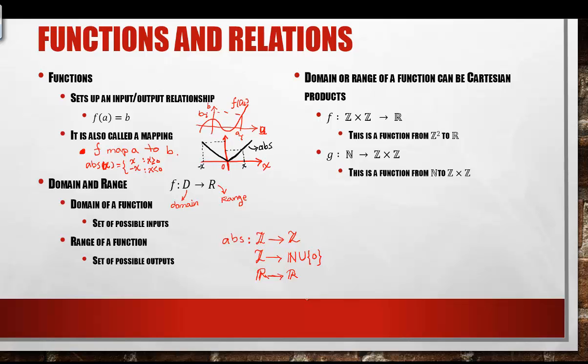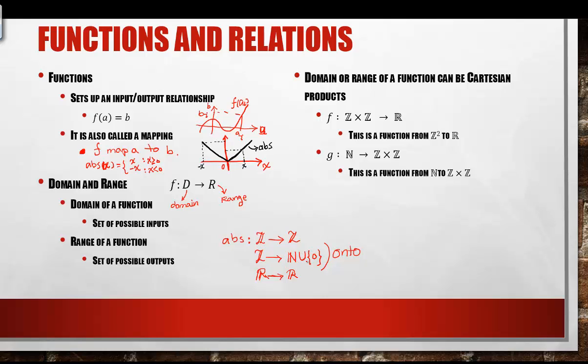If a function uses all the elements from the range, then it's called onto that range. For example, if you define absolute value from domain Z to range Z, it is not an onto function, but this is an onto function. So this one is onto, because if you define absolute as being from the domain of integers onto the natural numbers union 0, it uses all possible values from the range.